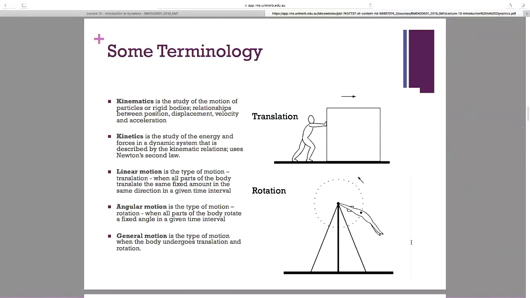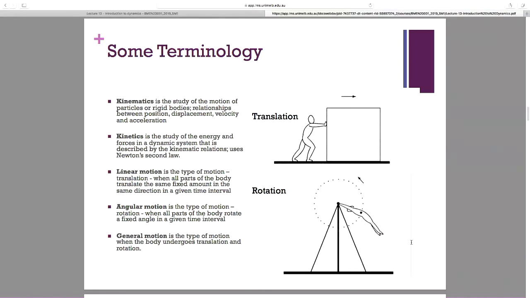Basically, it's the description of the motion that a rigid body undergoes. In the first 6 weeks of lectures where we did statics, kinematics was about strain, right? Study of changes in length and changes in angle was kinematics of deformation. Here it's kinematics of rigid body motion, which is velocities, accelerations, displacements.